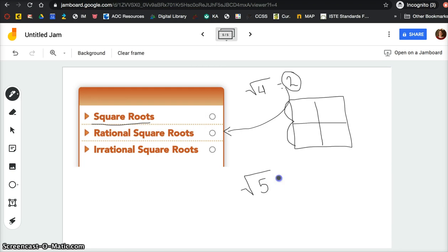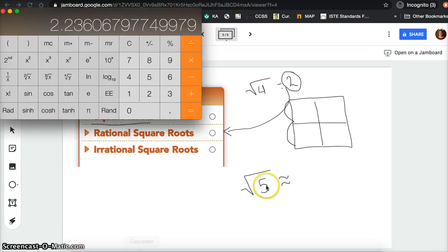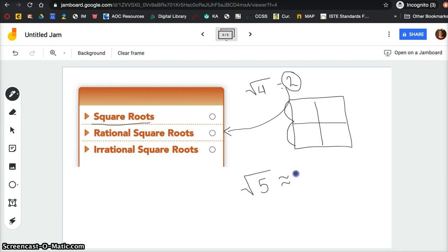So we can write that as approximately 2.236. But this is not the exact decimal form of the square root of 5, because the square root of 5 is considered an irrational square root.